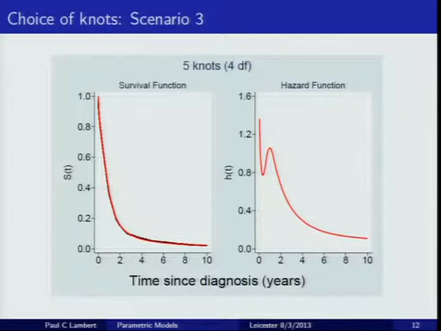And if you watch the survival function, as we increase them, basically it changes very little, and the hazard function is also changing very little, until we get to essentially we're throwing too many parameters at the problem. We start to get some local departures based on just the simulated data. But even under these, you see the survival function is changing very little.